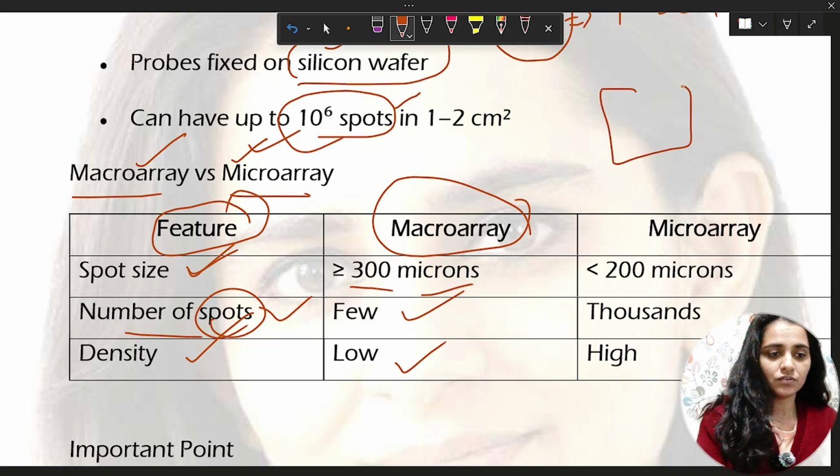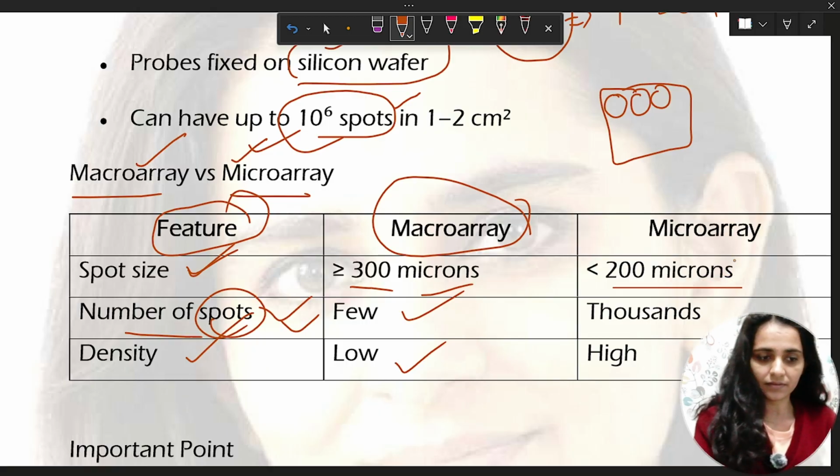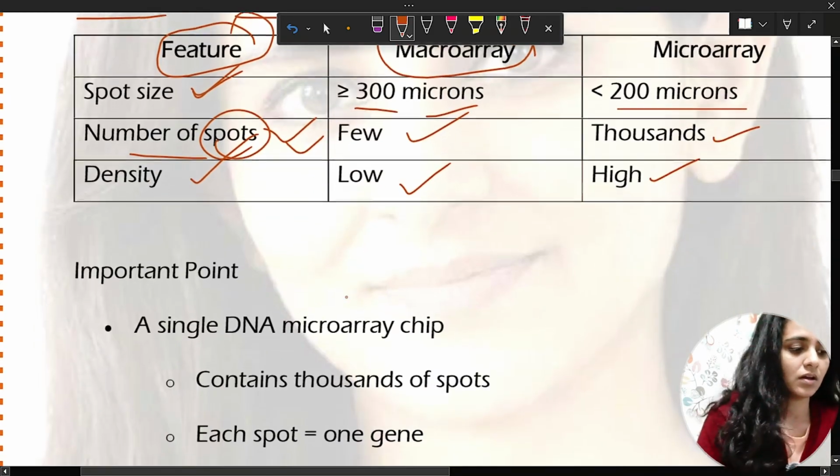If we are using this much solid surface and making the spot size large, then obviously we have few spots. If the size is less than 200 micron, then we use high density and a high number of spots, like thousands of spots.